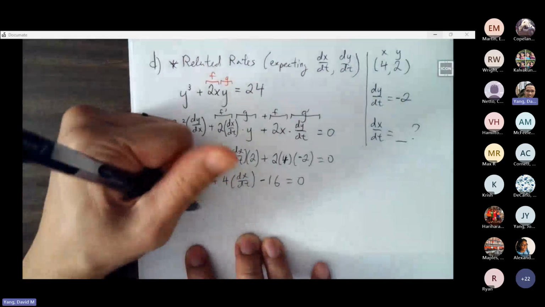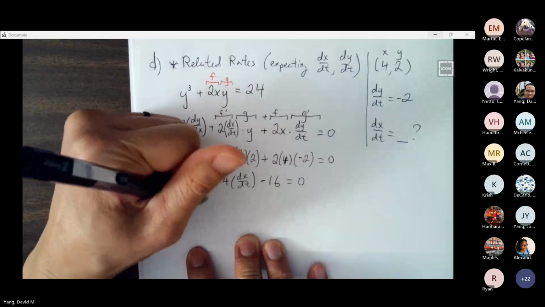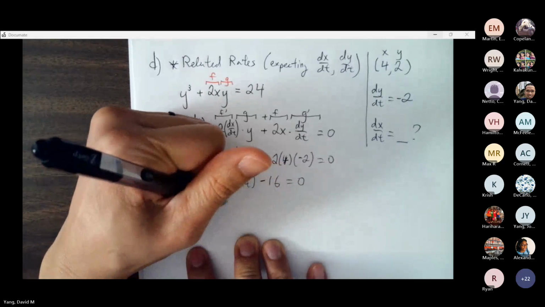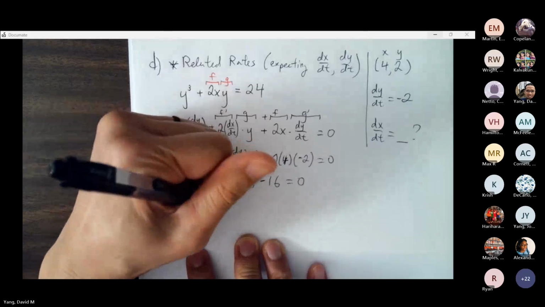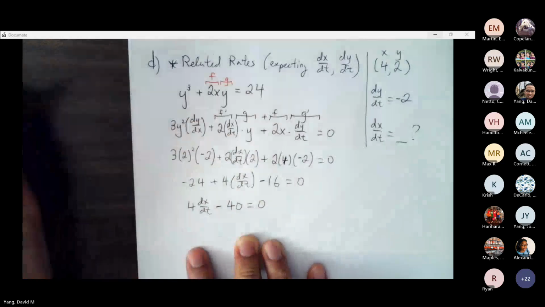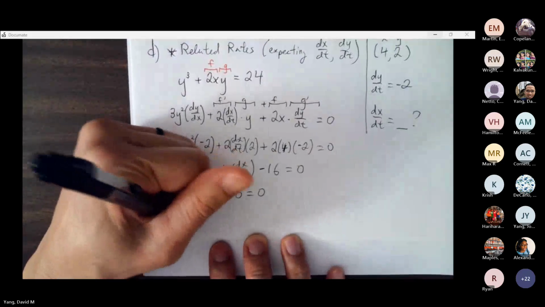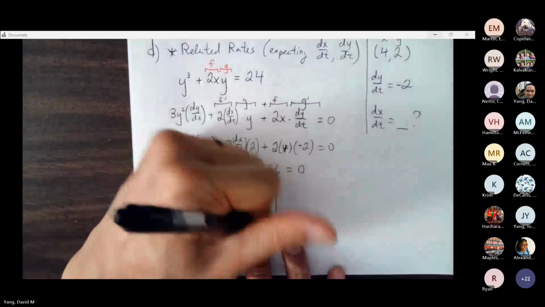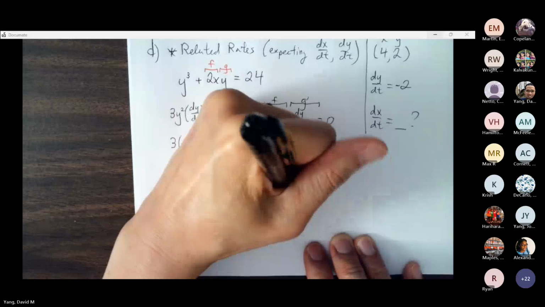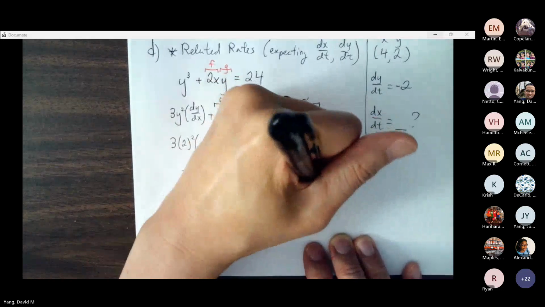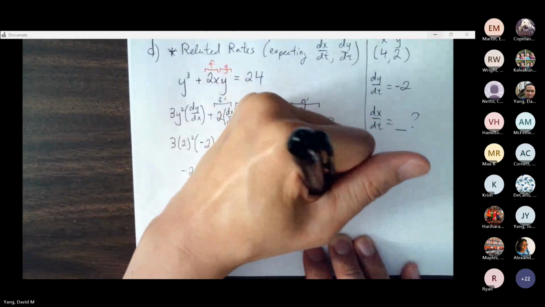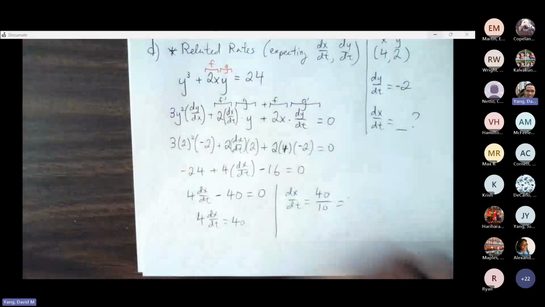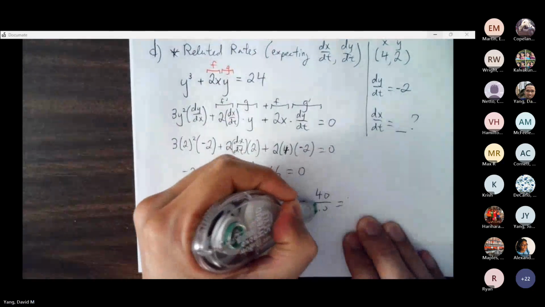Solve for dx/dt. Oh, over 4, sorry. Jumped the gun there.